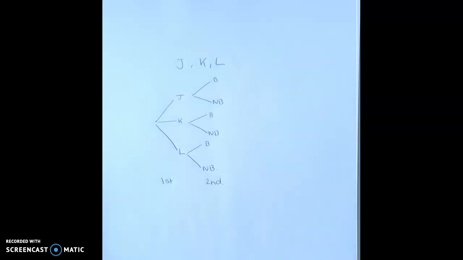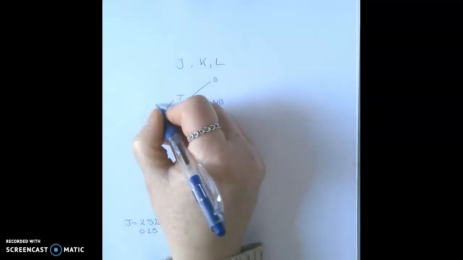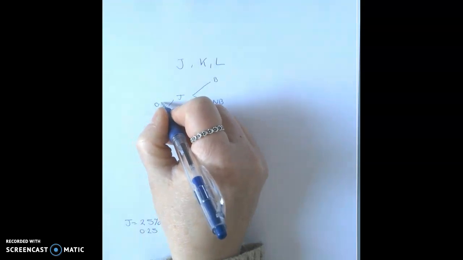Now we know that machine J makes 25% of the biscuits. I think it is simpler to convert that into decimals. You can leave it as percentages if you want to. You will get the same answer, but I'm going to make that into a decimal.